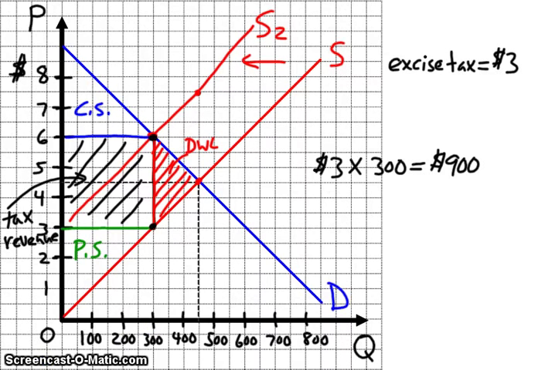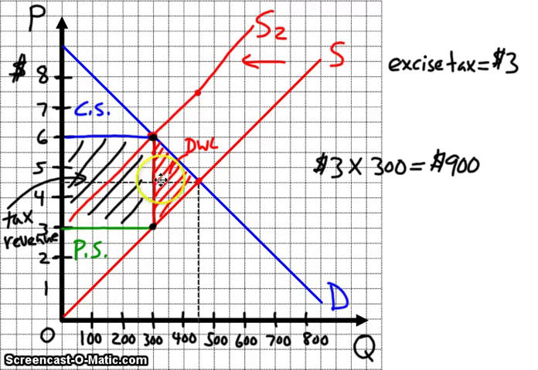Now, one final thing that we can talk about is the tax incidence. Who's bearing the burden of this additional $3 tacked on to the sales of this good? Now, because of the way that I've drawn these supply and demand curves, it actually turns out that they're going to share that burden equally.